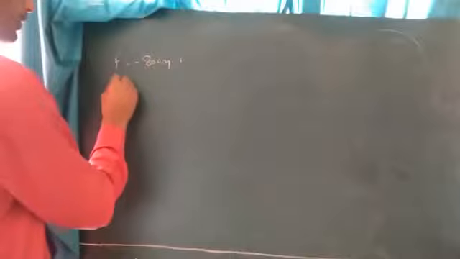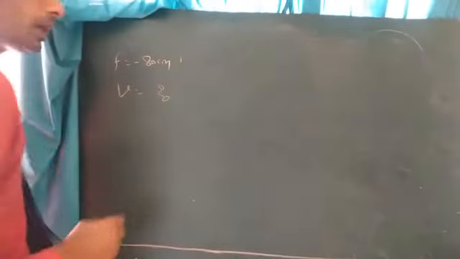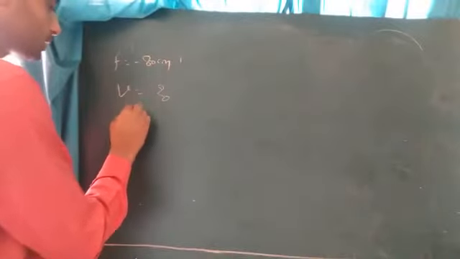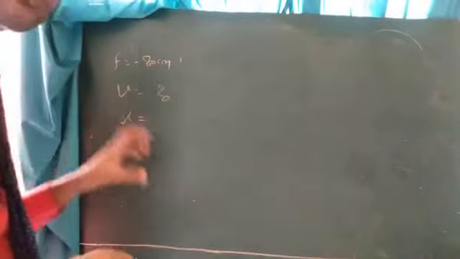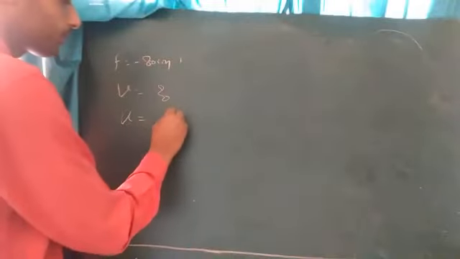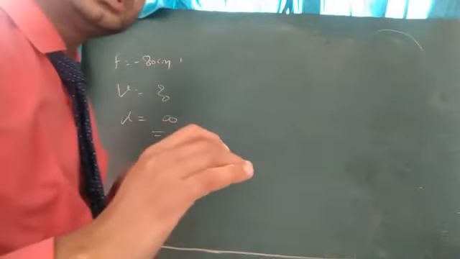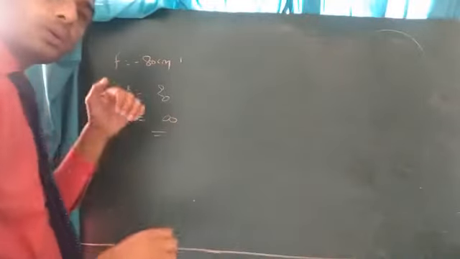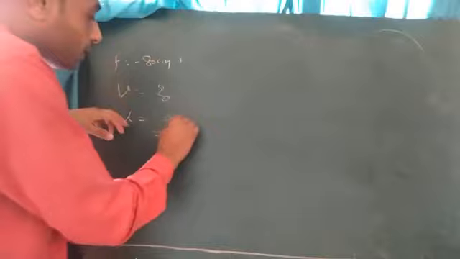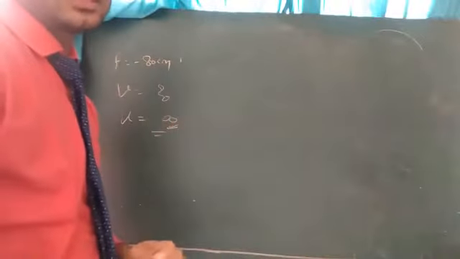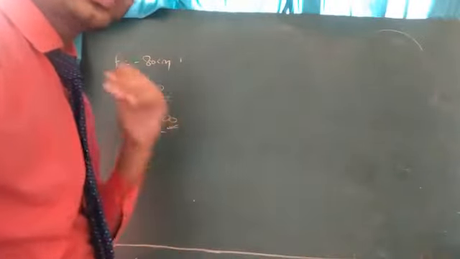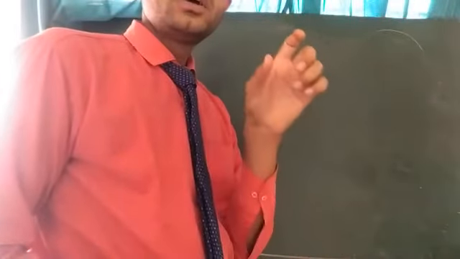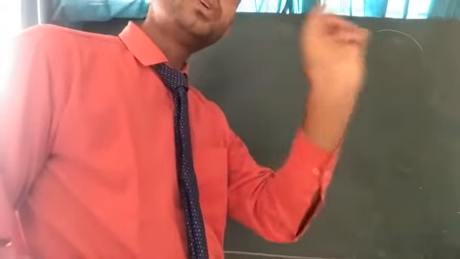Far point means V. We have to find what is V, because in myopic defect we have to take u is infinity. It means we have to see till infinity distance, because as you know, for normal eye the near point is 25 centimeter and far point is infinity.